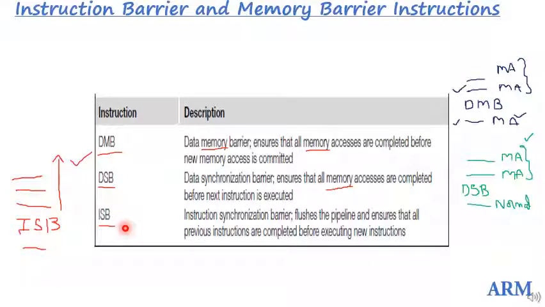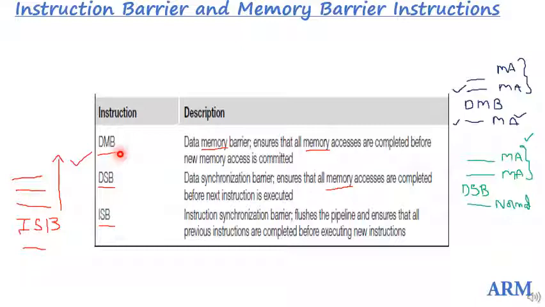Now DMB, as I have told you, comes into the picture for multiprocessor systems. Multiprocessor systems means maybe your CPU is doing one memory access operation, and it could be that some other controller is doing a direct memory access, that is, without the intervention of the CPU.